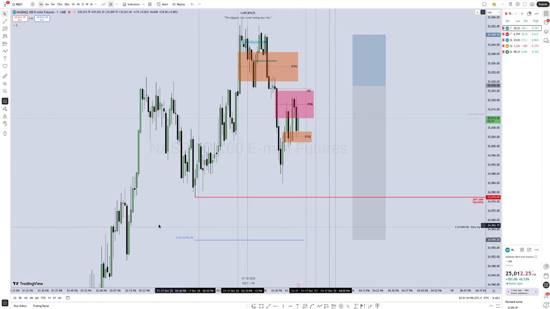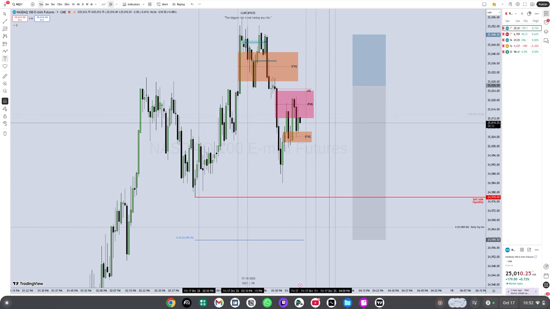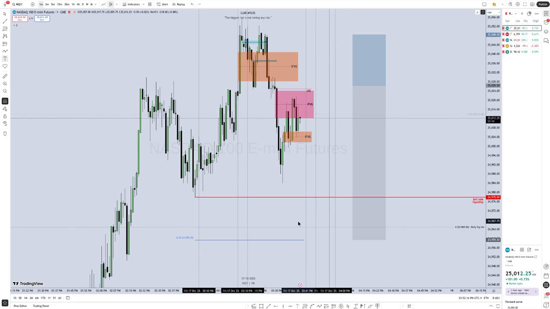I want to see the bodies telling the story and the wicks doing the damage. So we are going into the 3:45 right there. As I'm going into the 3:45, the body closes below that.